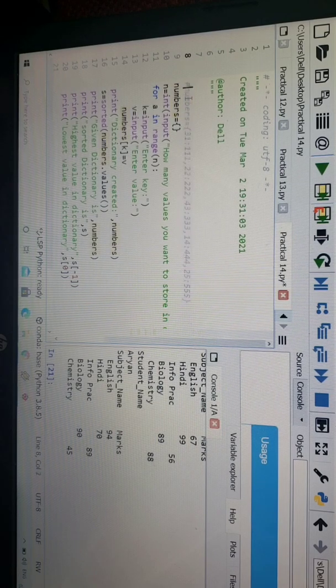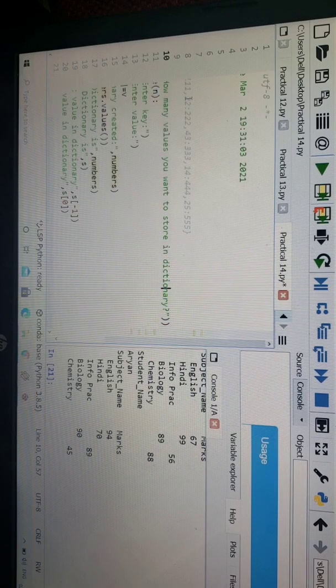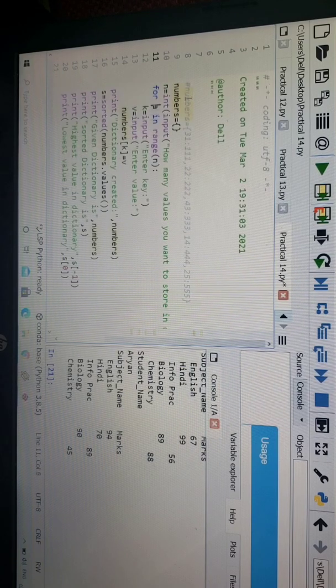The way I have created, numbers equals to, this is empty, I want that the user should enter how many values he or she wants to store in the dictionary. After that, use the loop, then it should enter the key and its value, then it should create the dictionary, numbers should be shown, then we have to sort it.